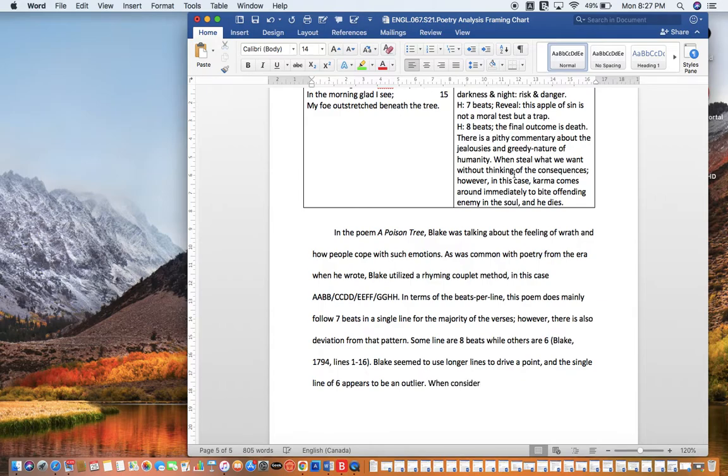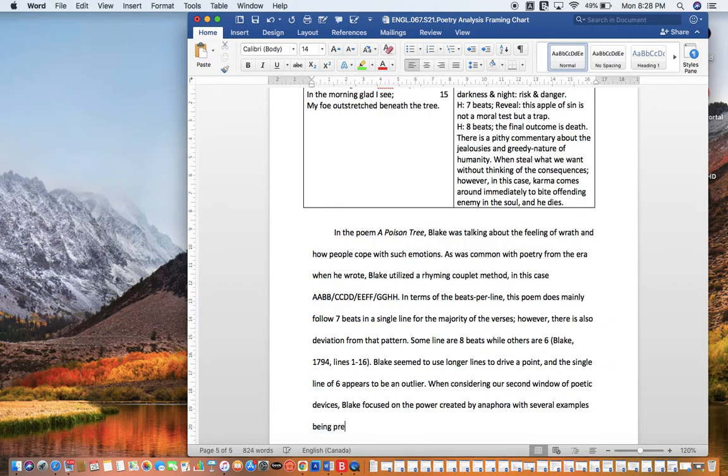When considering our second window of poetic devices, Blake focused on the power created by anaphora with several examples being prevalent.